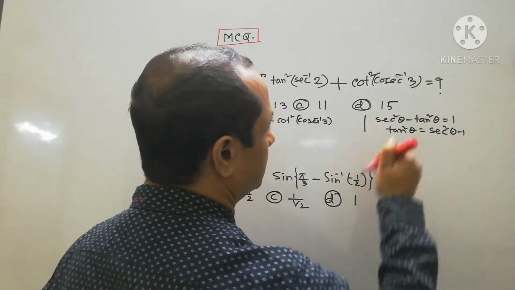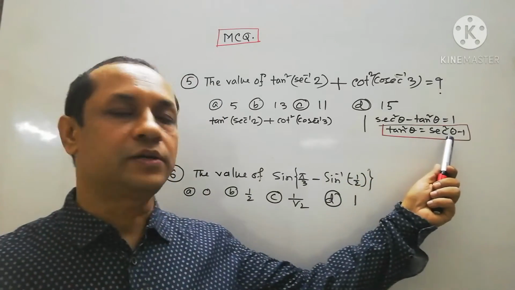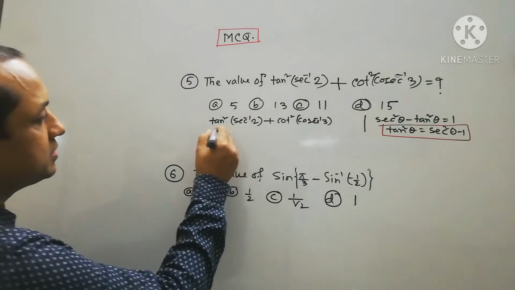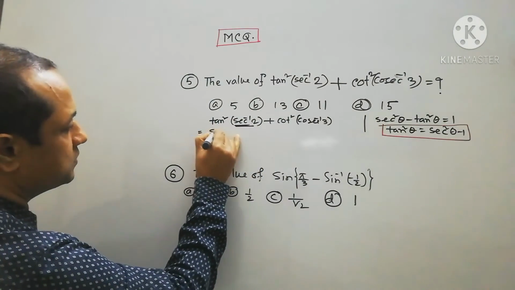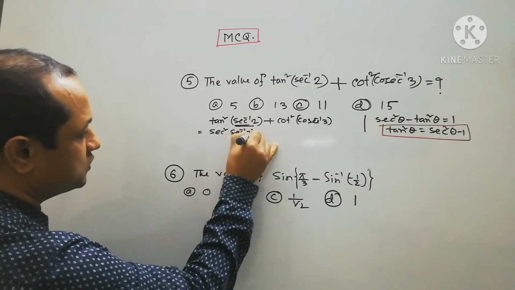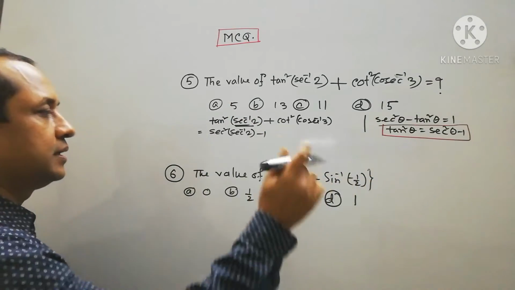Here this is theta, so tan square theta equals sec square theta, theta meaning sec inverse 2, minus 1.